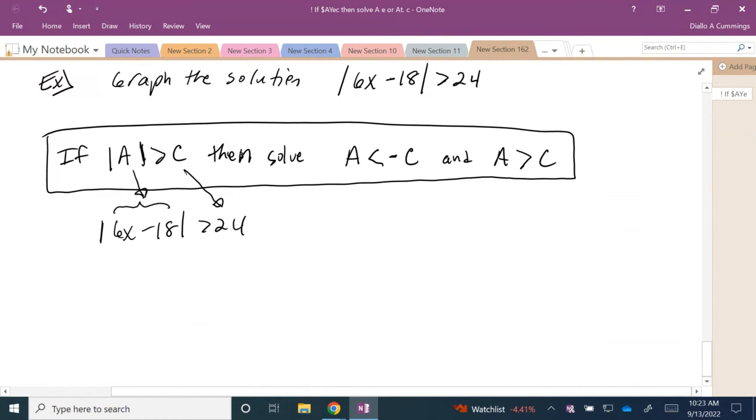All right, so now we're going to remove the absolute value. So we have 6x minus 18. We're going to reverse the inequality. We're going to make C negative. So we're going to make 24 negative.